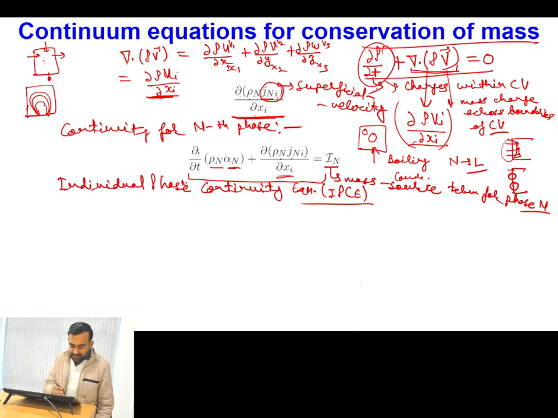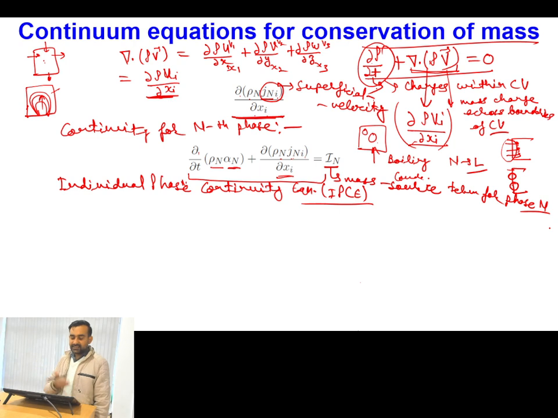Then the mass of vapor will increase and the mass of liquid will decrease. So the overall mass change within the control volume plus the mass across the boundary has to be equal to the mass source or sink term for that particular phase n.